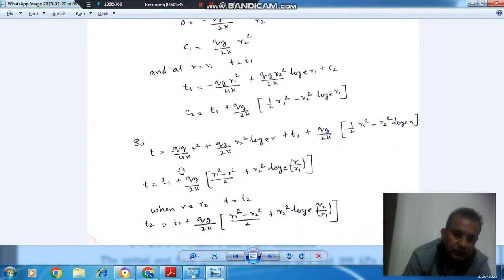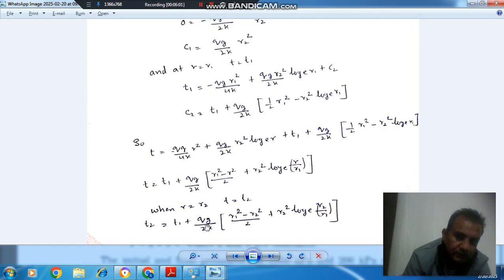Now if we put r equal to R2, and the temperature at r equal to R2 is T2, then we can put T2 here and put r equal to R2 here. Okay. So now we have the value of T1, the inner temperature, given, the outside radius is given, and qg we have calculated.